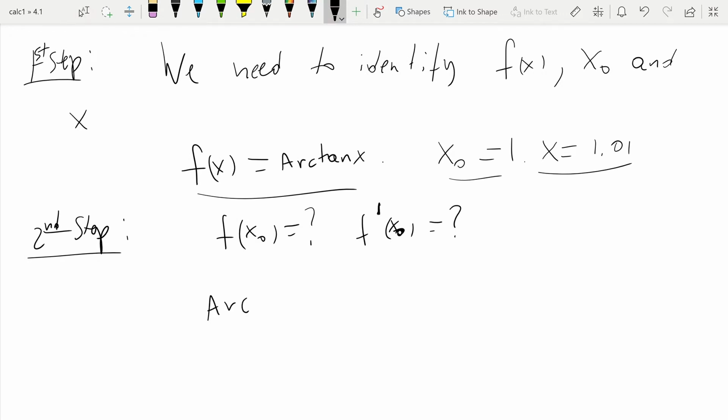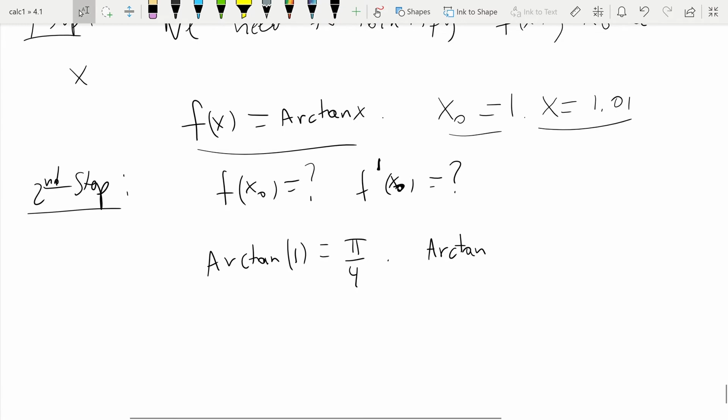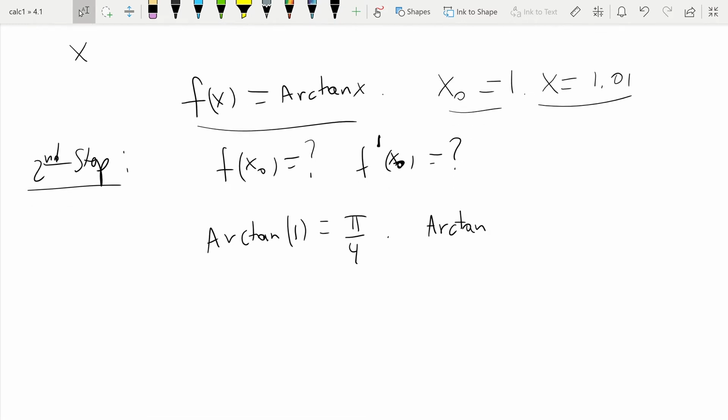We already said the arctan of 1 is equal to pi over 4. Now, what is the derivative of arctan? It's 1 over 1 plus x squared.